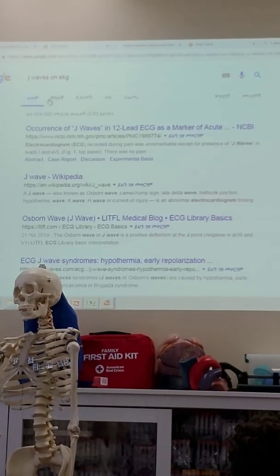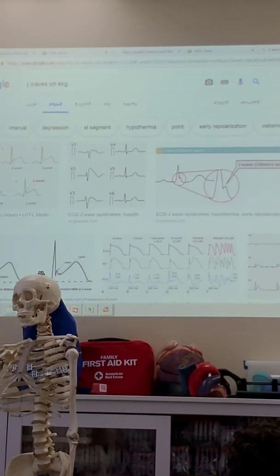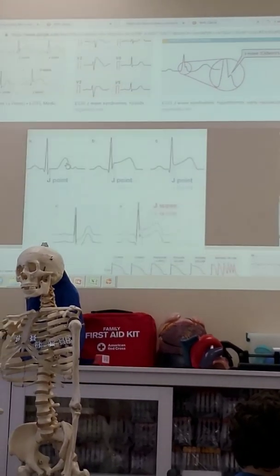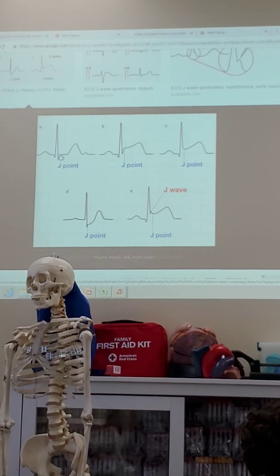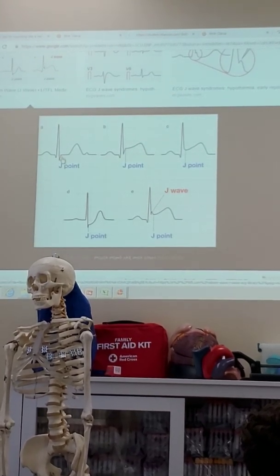Another thing is, I want you to see what we call the J point or J wave on page 41. Can you see here? This is what's called the J wave or J point.